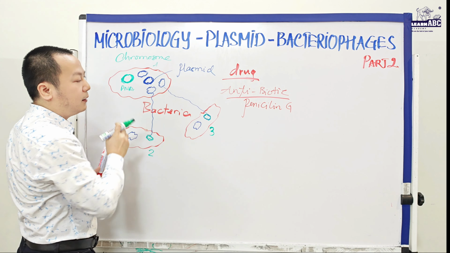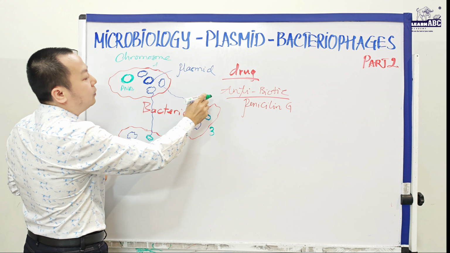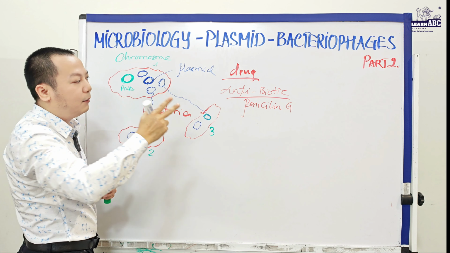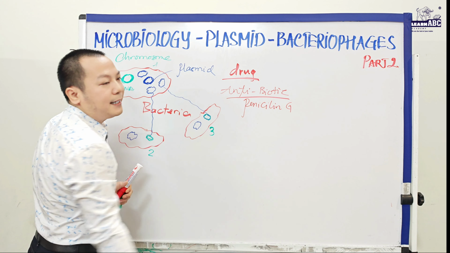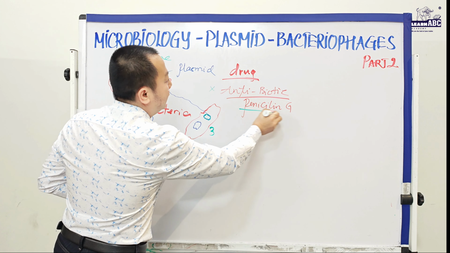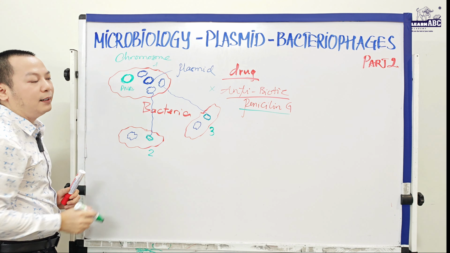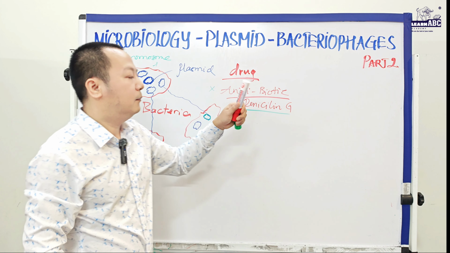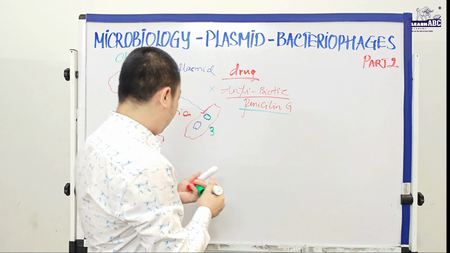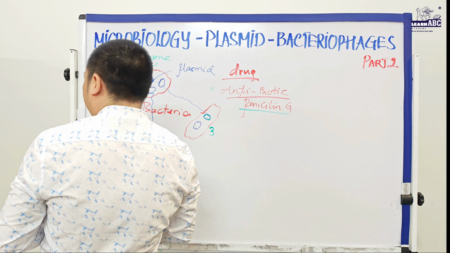The gene can produce one enzyme, and the enzyme of the plasmid can destroy or cut the molecule of penicillin G. So if you use penicillin G for a bacteria that has a plasmid, the penicillin becomes useless.